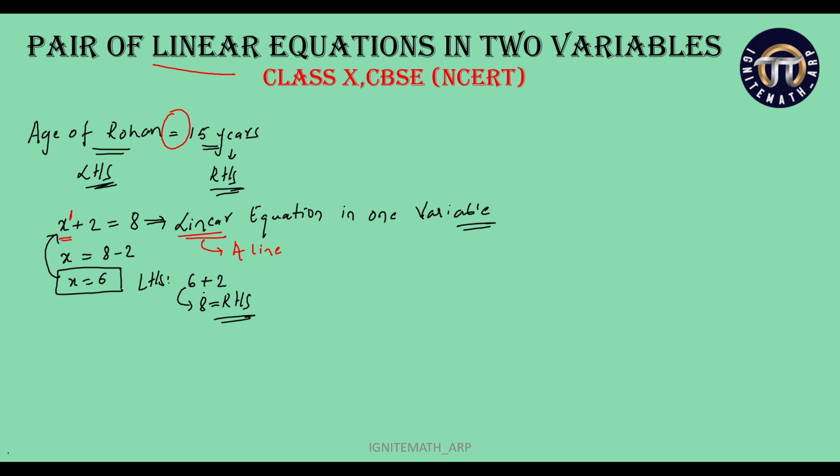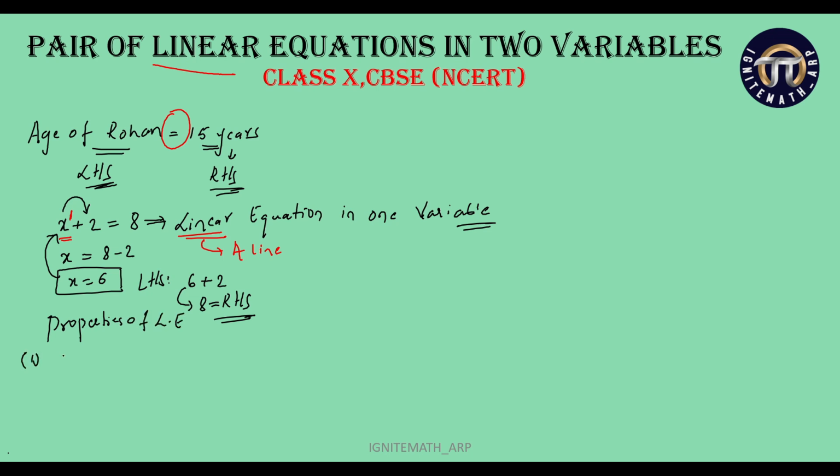So here the value of x is satisfying only 6. No other number can replace x so that when it is added to 2, you get 8. So the value of x is only one. Right. So they are nothing but the properties of a linear equation.